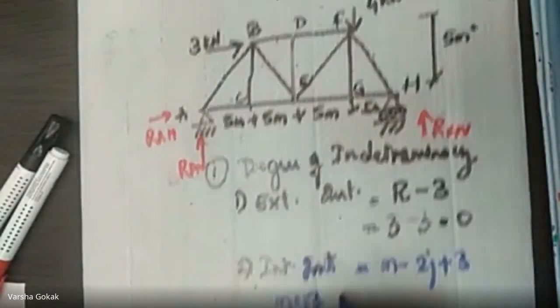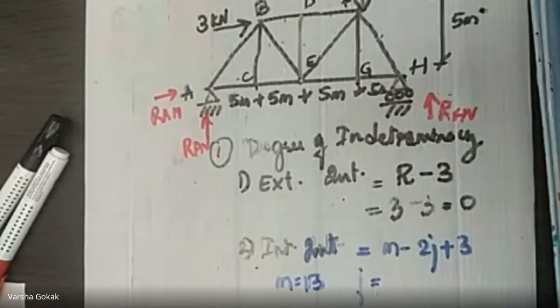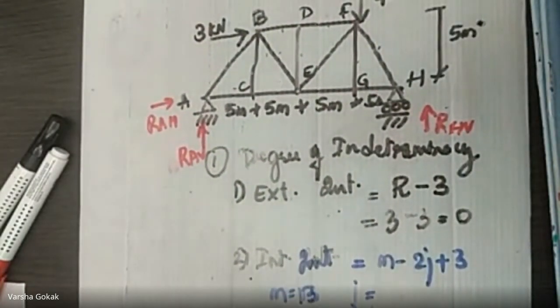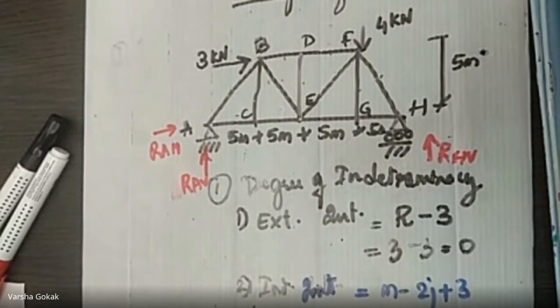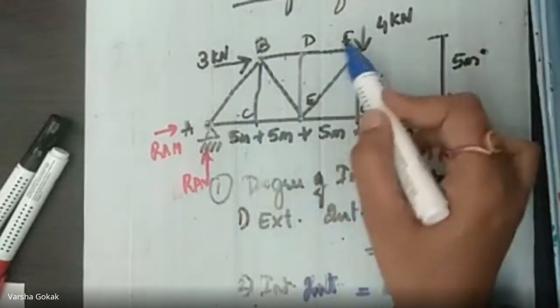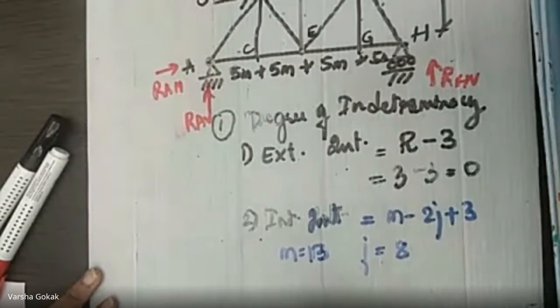So total number of members M is 13. What is the total number of joints? Look at the figure. 8. Correct. 1, 2, 3, 4, 5, 6, 7, 8. So number of joints J equal to 8.